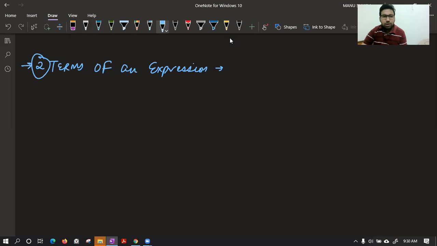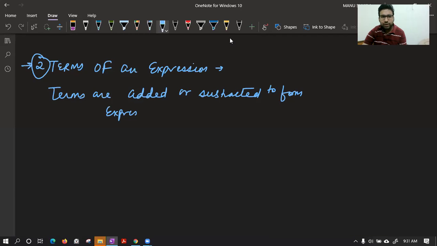Okay. So it is saying terms are added or subtracted to form expressions. Try to understand. So suppose you have 3x and you have 7y.